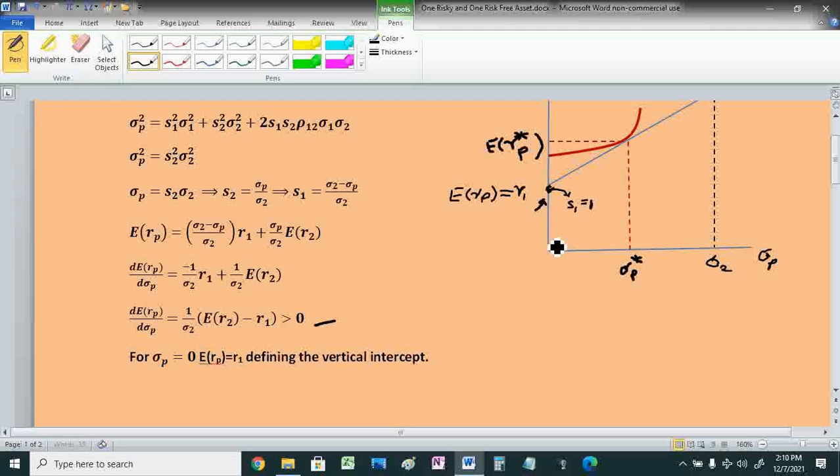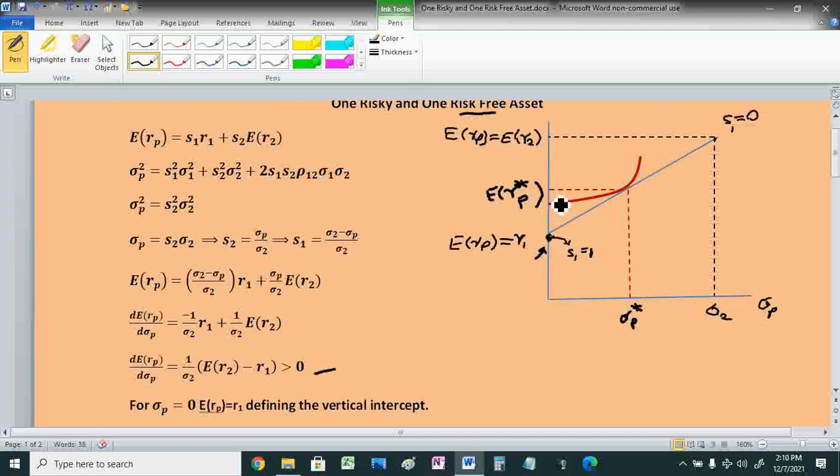And given this linear expected rate of return function of sigma p, see that I have been able to draw this efficient portfolio possibility frontier for the case where one of the securities is risk-free and the other security is the risky security.